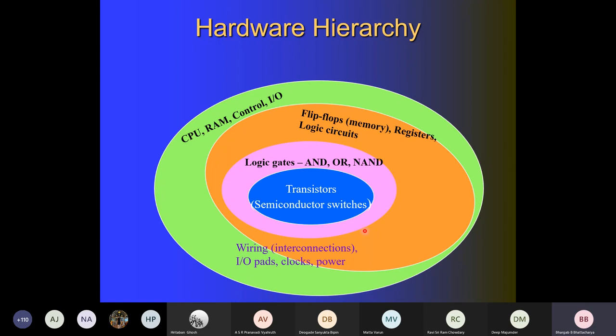You need I/O pads in order to communicate to and from the external world. Obviously, you need a synchronizing clock. And of course, you need electrical power. So in a nutshell, this diagram shows you the entire hardware hierarchy which you need in order to build the inner core. Correct?